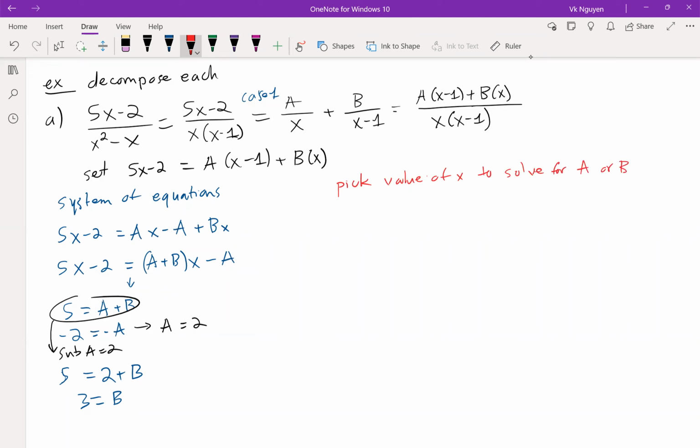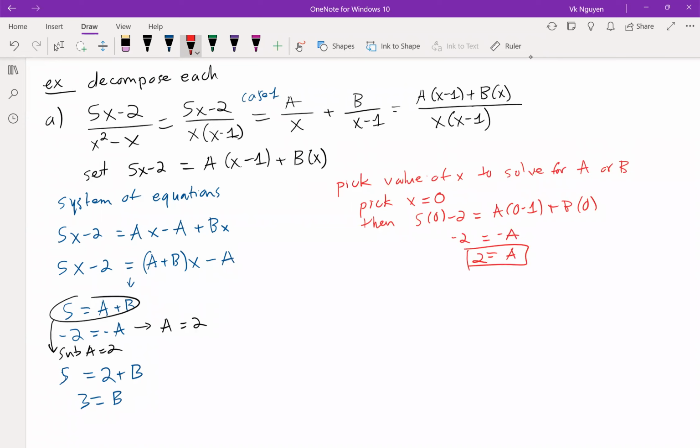So we can pick x equal to 0. If we do that, then we can solve a. So we put x equal to 0. Then 5 times 0 minus 2 equals a times 0 minus 1 plus b times 0. Negative 2 is equal to negative a. So a equals 2. Wow.